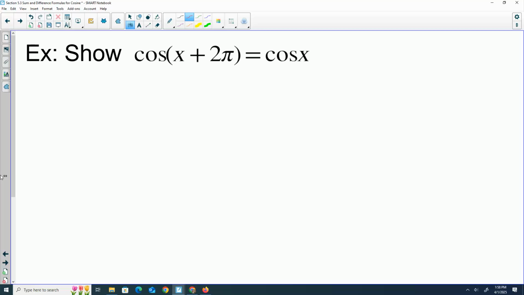Alright, so we know with our proofs, we always try to box in a side. Which side would you want to box in first?